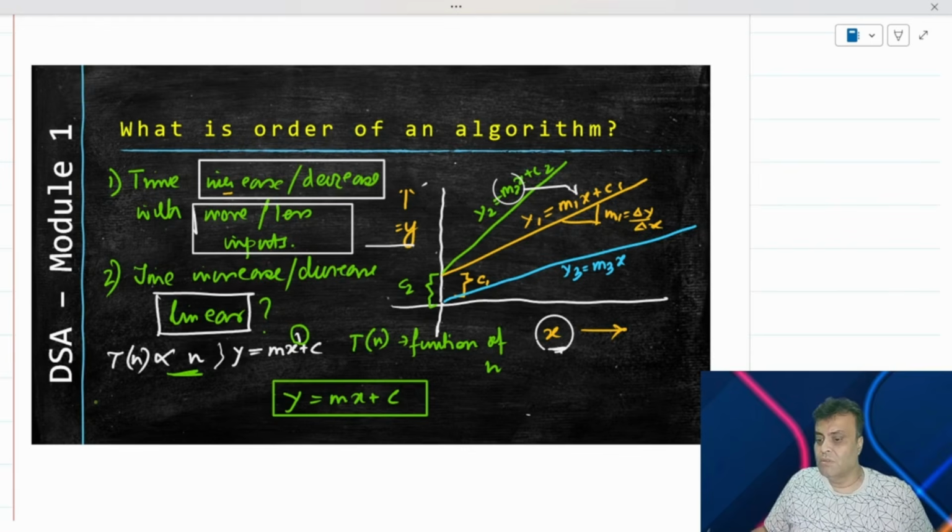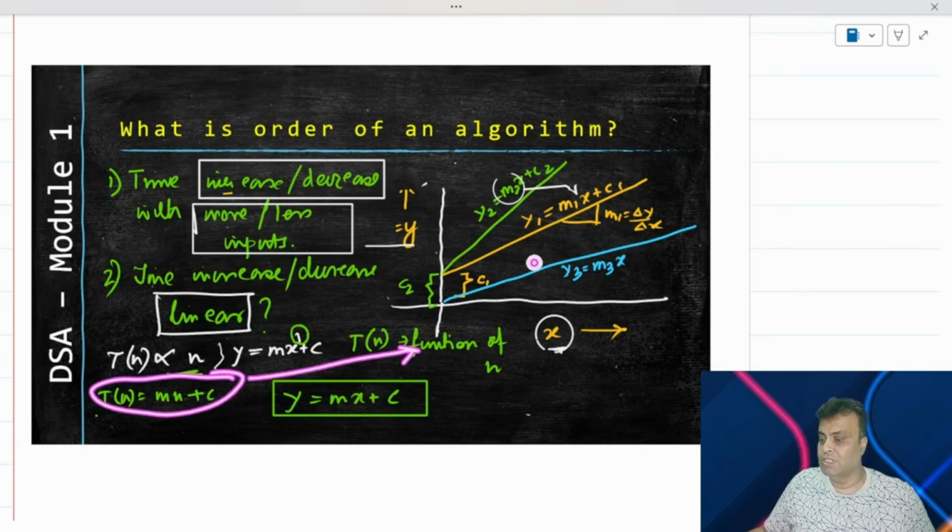So what is the equation coming to? Y or Tn is coming like this. We will say that Tn is equal to mn plus c. So can I say, therefore, Tn is a function of n? From here, I can definitely draw the conclusion that Tn is a function of n.